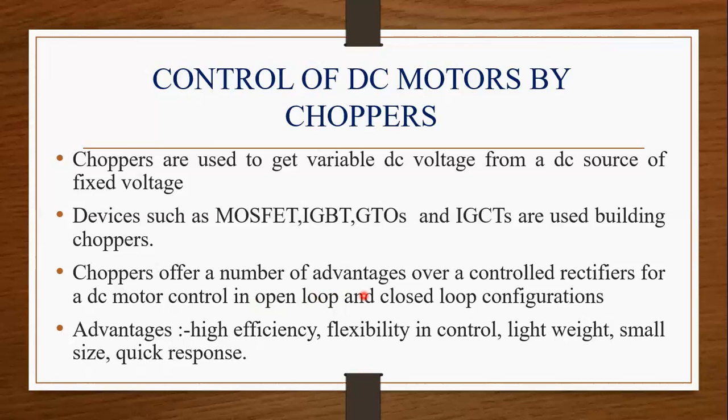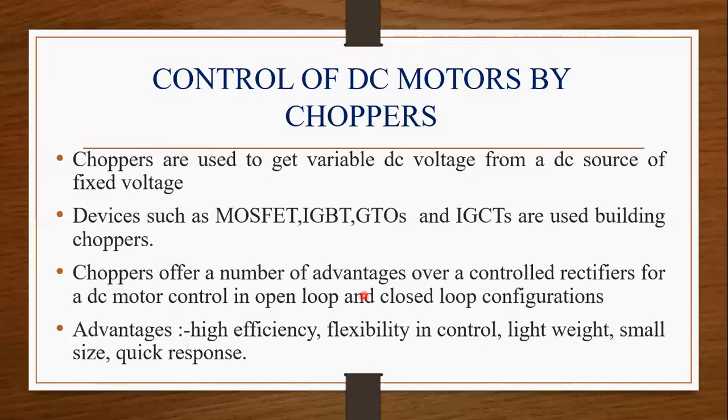So these devices operate at high frequency, which means the current ripples are reduced. A reduction in armature current ripple reduces machine losses and derating, and eliminates the discontinuous conduction.